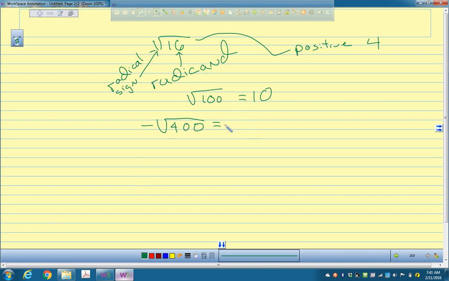What's the square root of positive 400? 20. So the answer is negative 20, right? It's the positive square root of this, then you make it negative.